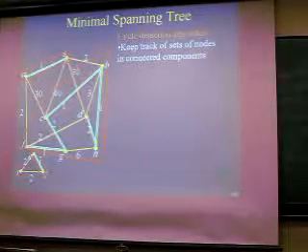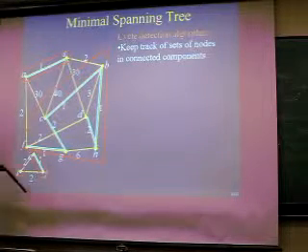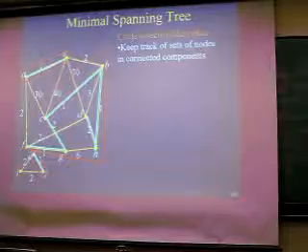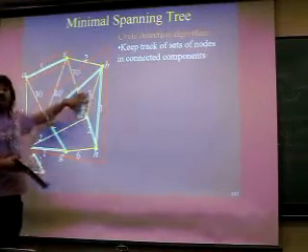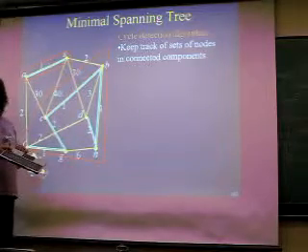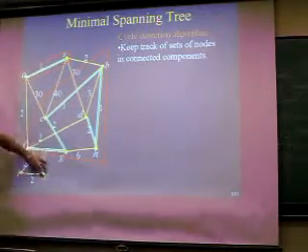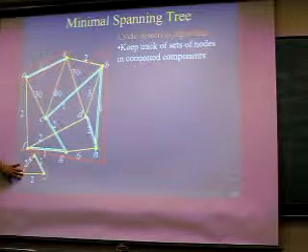In the algorithm, we're going to have this loop invariant, something that we're going to maintain. We're going to maintain sets of edges. All right? And the sets are all the connected components. Right? We'll know that this is one connected component. This is one connected component by itself. Right? Everybody get that?